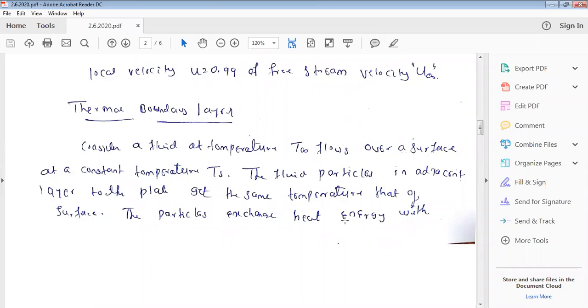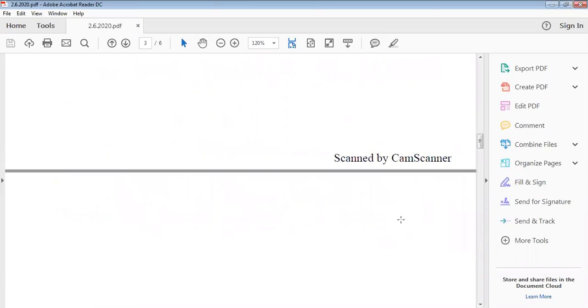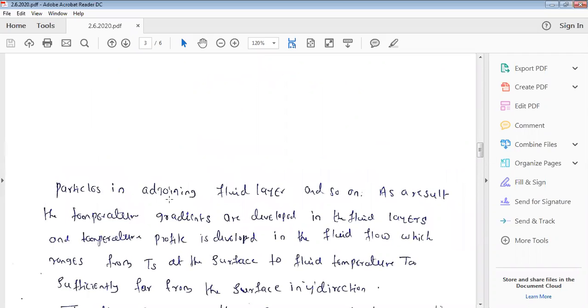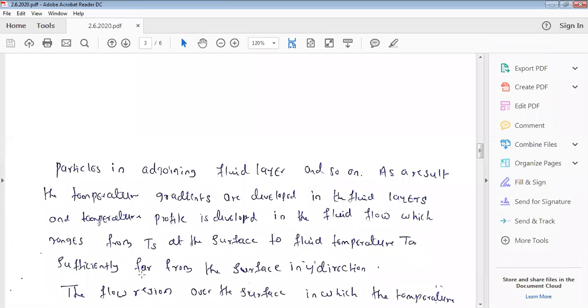The particles exchange heat energy with particles in the adjoining fluid layer, and so on. As a result, temperature gradients are developed in the fluid layers, and a temperature profile is developed in the fluid flow, which ranges from the surface temperature Ts at the surface to the fluid temperature T infinity sufficiently far from the surface in the y direction, exactly vertically upward.